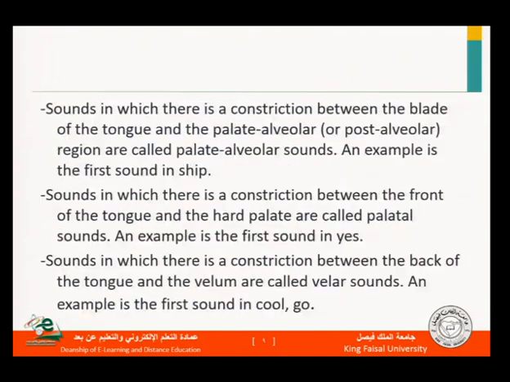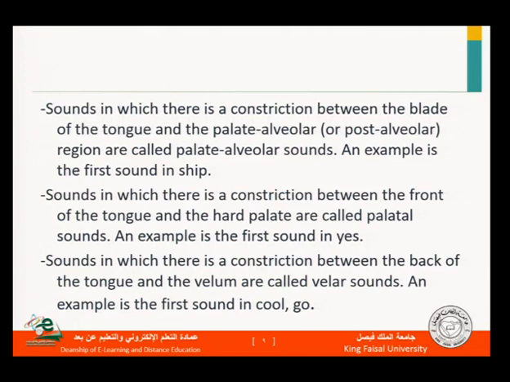And indeed, we have other sounds that are made through pressing the back of the tongue against the roof of the mouth, and these sounds are called velar sounds. An example, like the word cool or go. The ka and the ga are velar sounds.